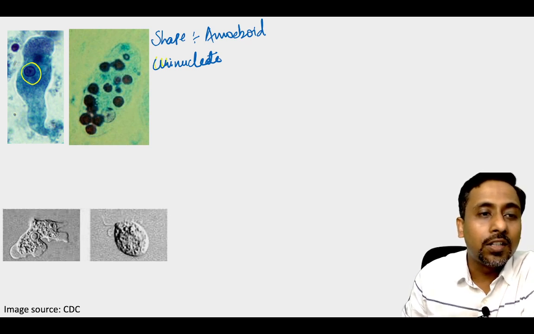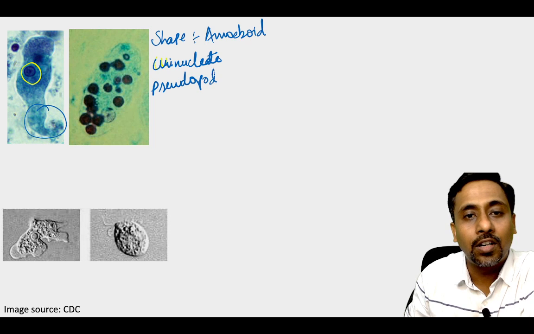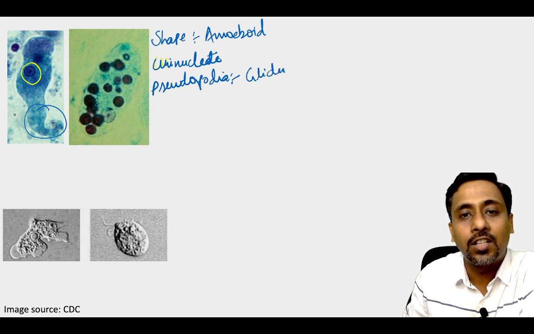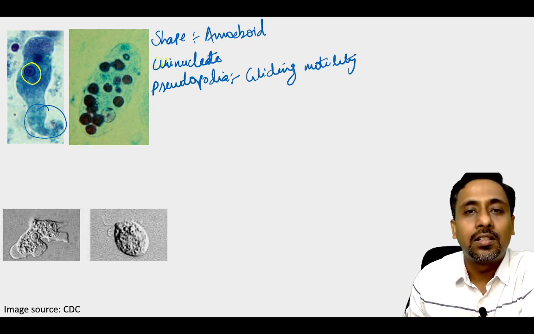And they have this pseudopodia-like projection. This pseudopodia is basically their organ of locomotion, locomotory organ, and by virtue of this pseudopodia they have a characteristic amoeboid motility called gliding or crawling motility.